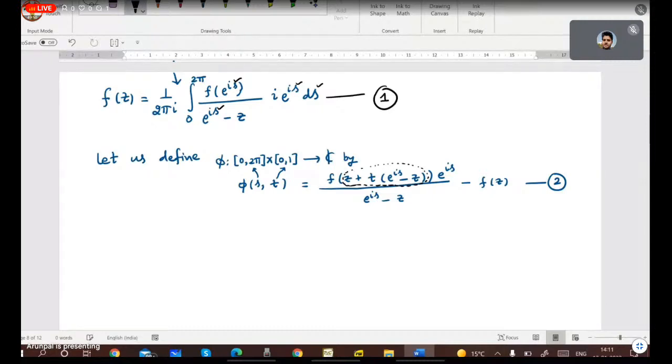If it goes outside the unit ball, then certainly we can't talk of f on it, right class? Because now we are concerned with the unit ball only. Is this okay, class? Yes, sir.